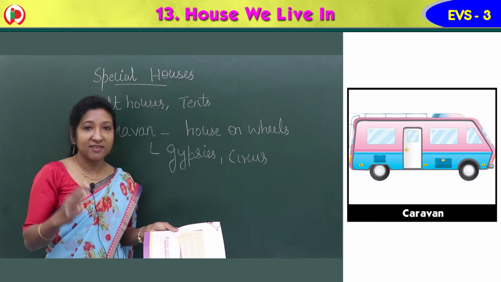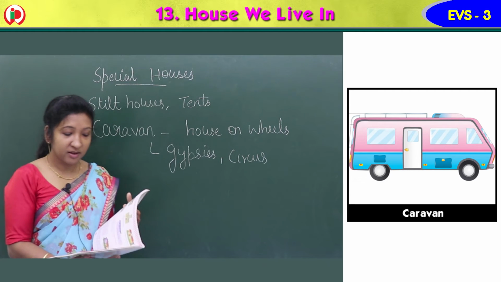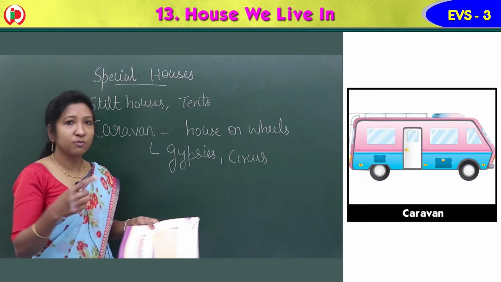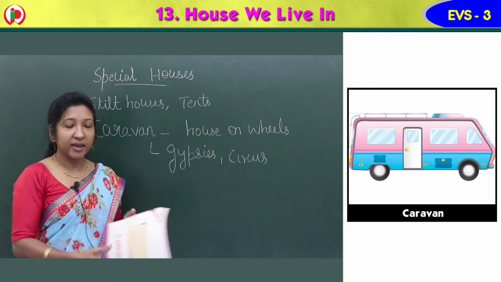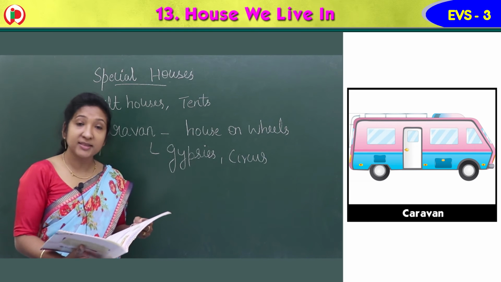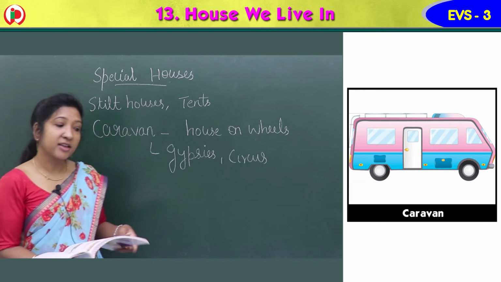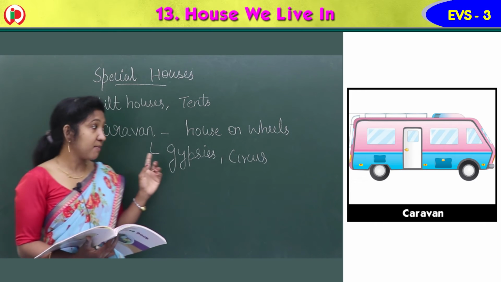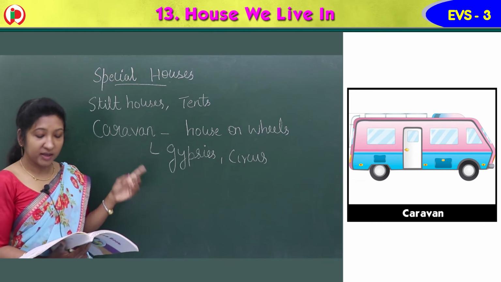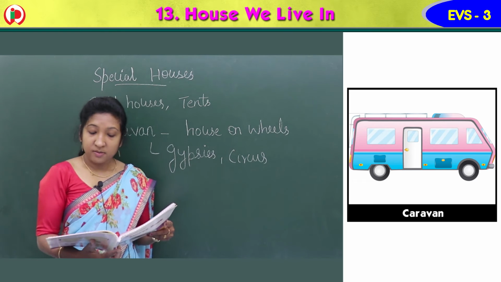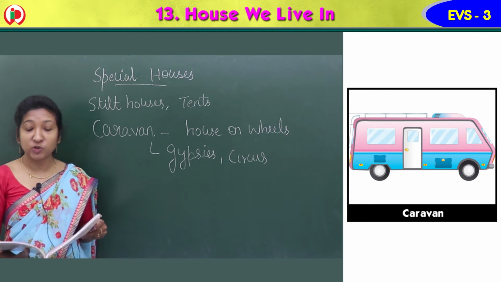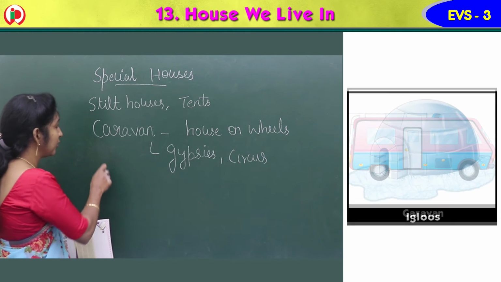It is a house on wheels. Okay. It moves from one place to another. It is moving, traveling. It is used by gypsies and circus performers. We say this kind of house is called a caravan. Okay. Next special house we are going to learn is igloos.